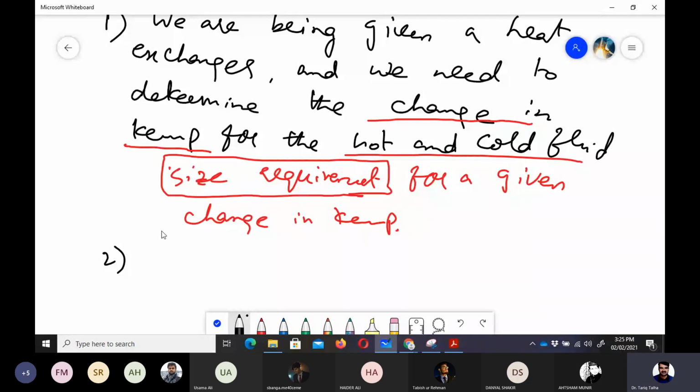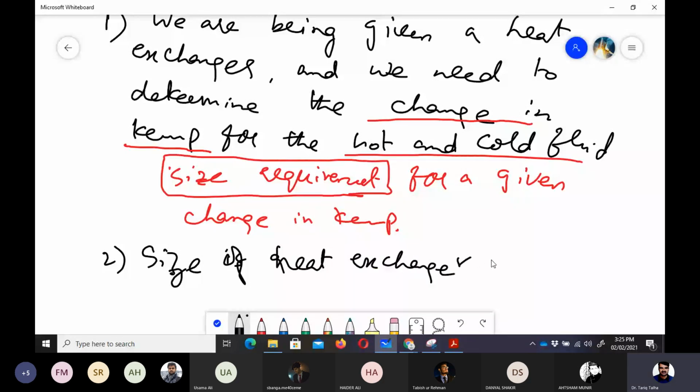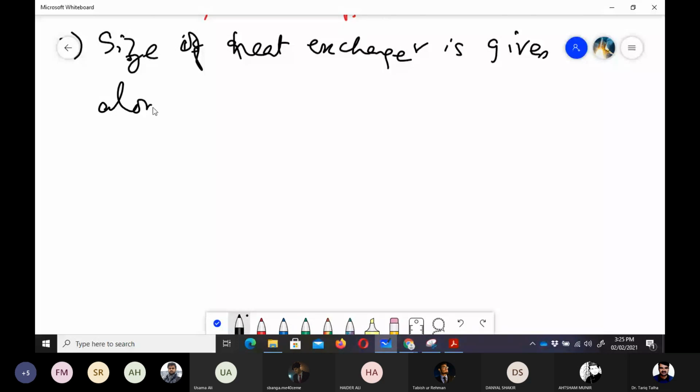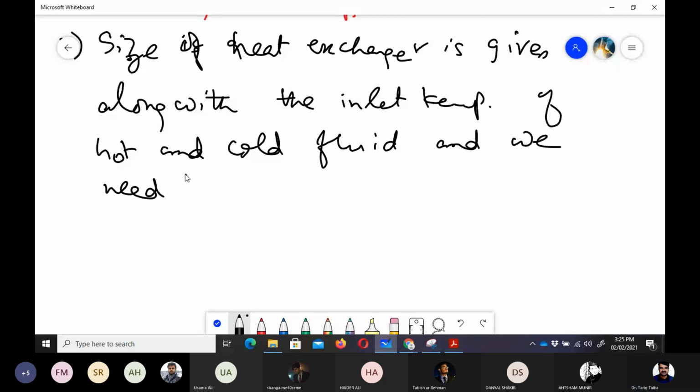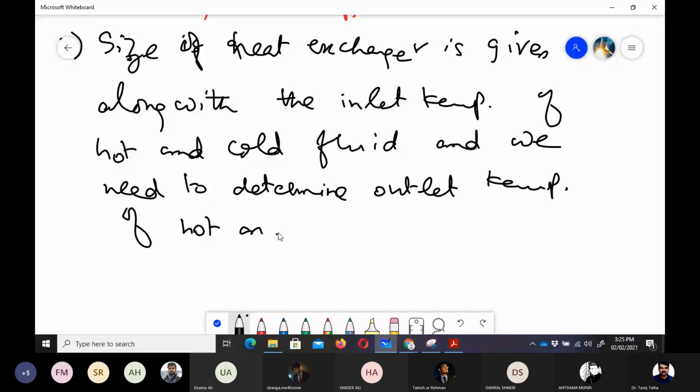The second case is that the size of the heat exchanger is given, along with the inlet temperatures of the hot and cold fluid, and we need to determine the outlet temperature of the hot and cold fluid.